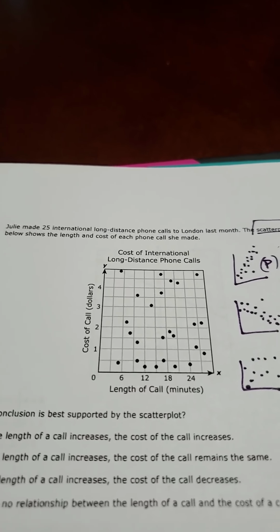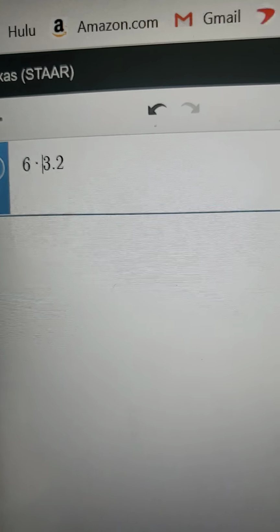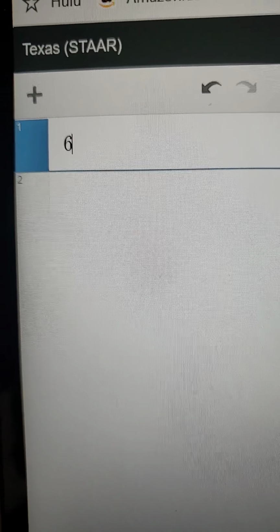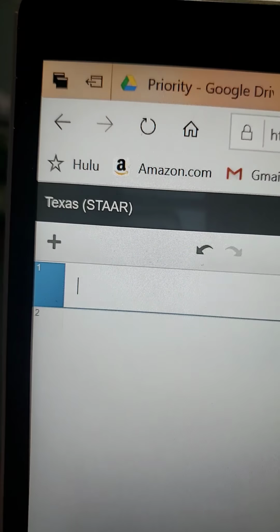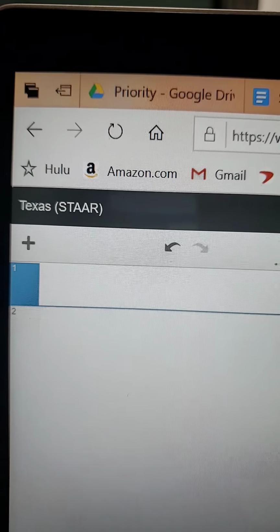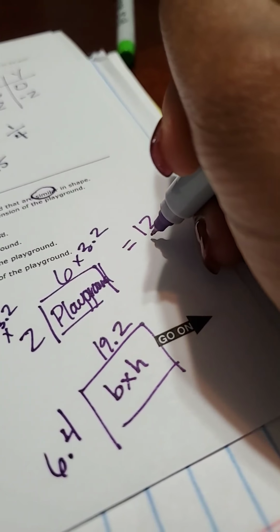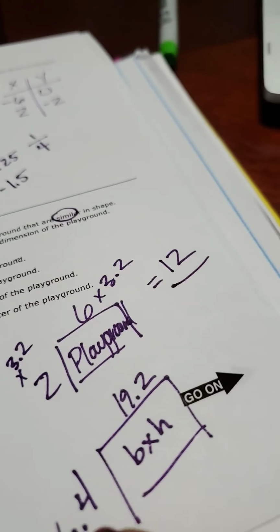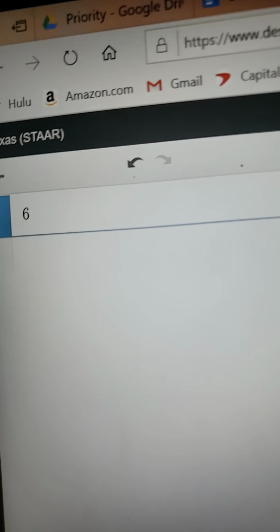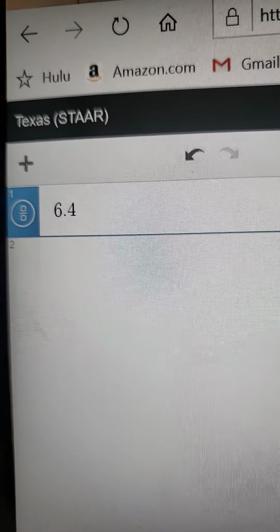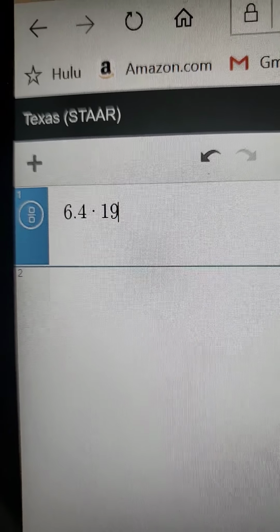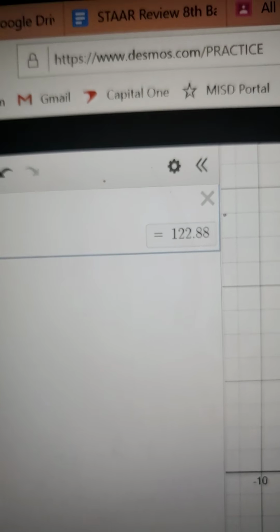If I wanted to find area first, my original area would have been 2 times 6, which is 12. Well, what would be the area of the new one? 6.4 times 19.2 is 122.88.